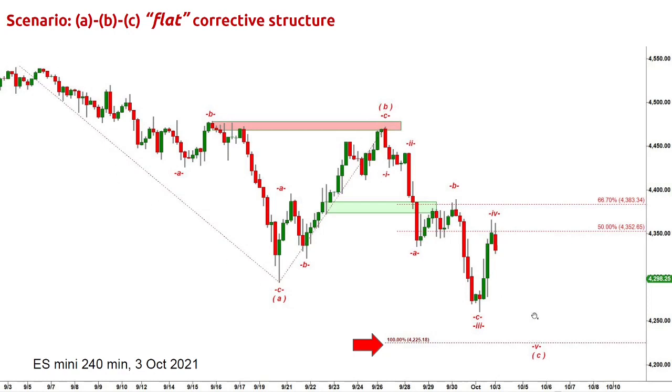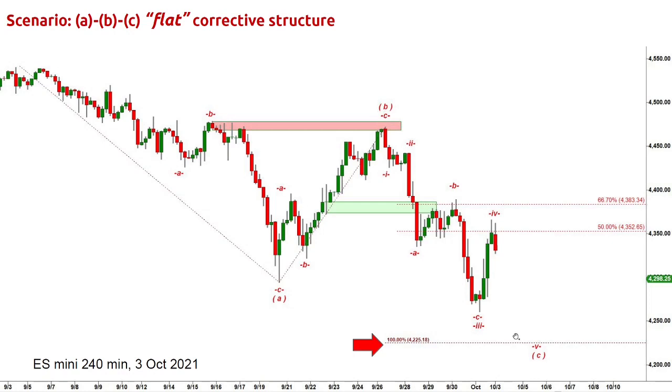And the most important thing here on that chart is that red arrow, because normally we would expect wave C to drop and tag at least a 100% extension of the first leg down. So at least we should be equal. In many cases, wave C would be stronger.